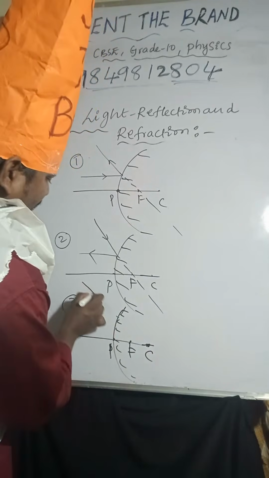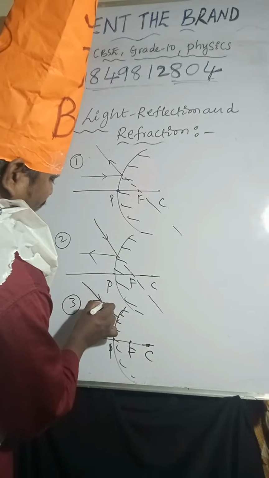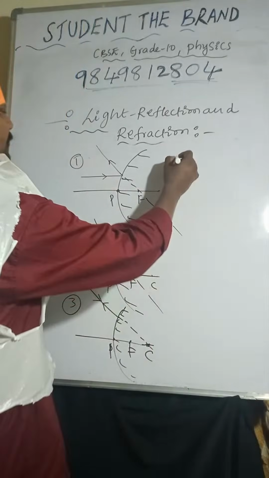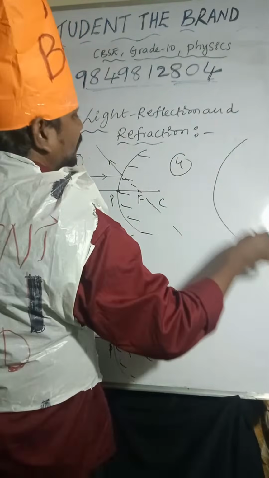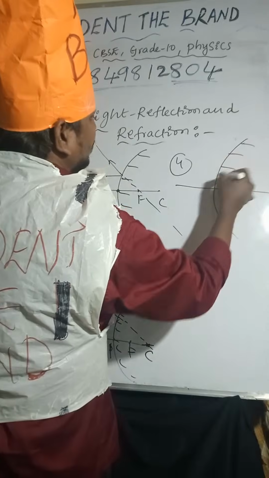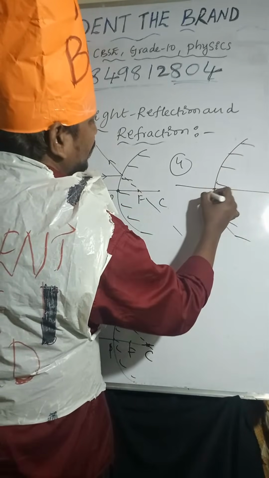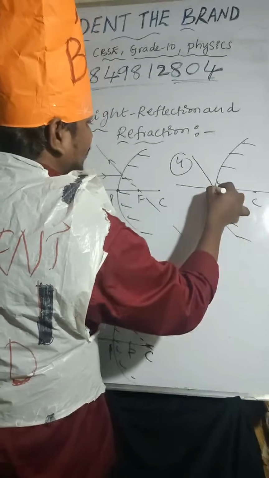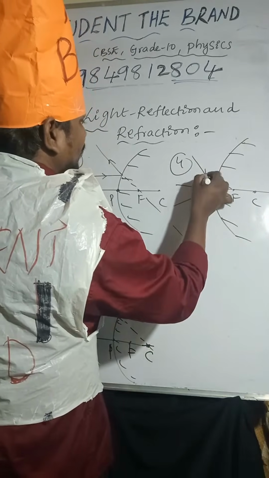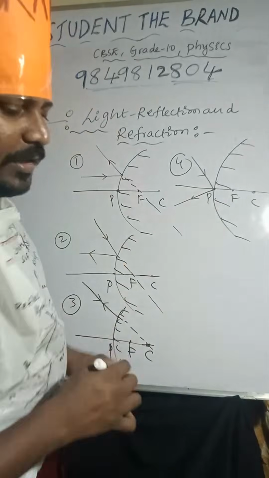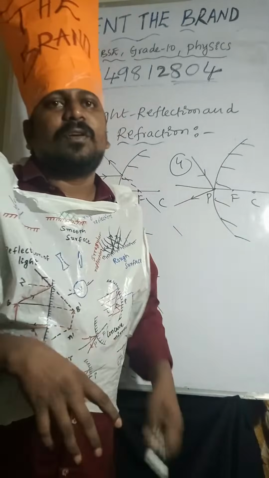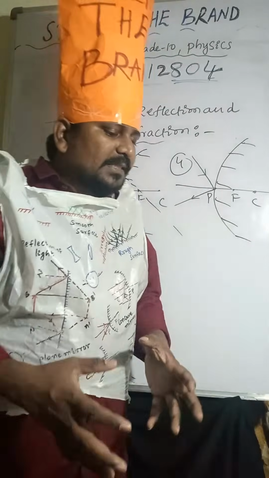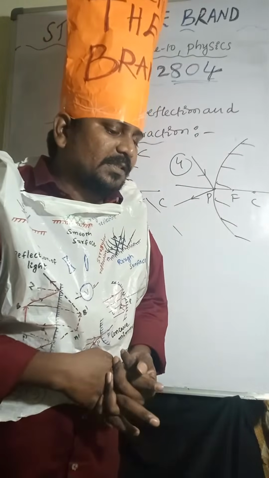And coming to the fourth one, here is the pole, focus, center of curvature. Light ray is incident at the pole, it reflects back. Okay, so these are the four ray rules of convex mirror.